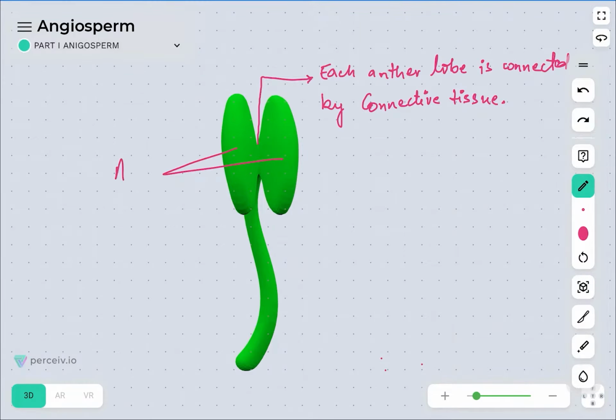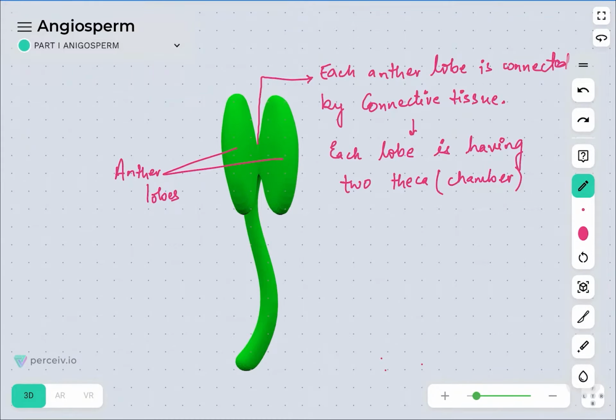Now, each of the lobes of the anther has two theca. That's why the angiospermic anther is considered to be bilobed and dithecous. Another important point to be noted is that each lobe has two theca. Theca means chambers.